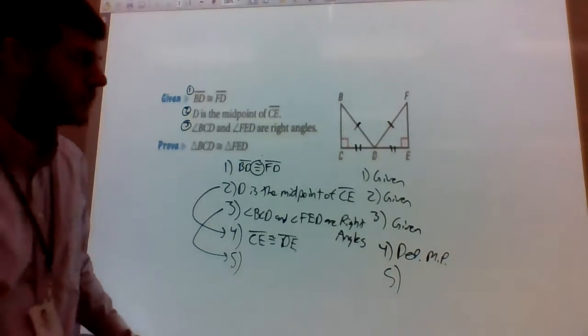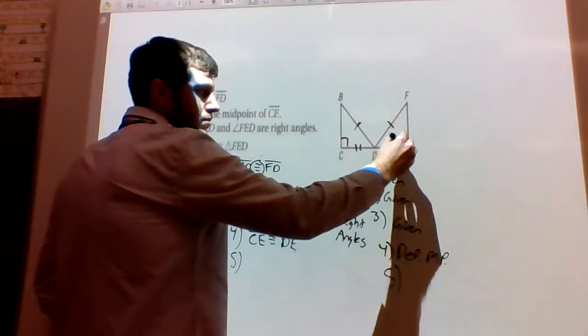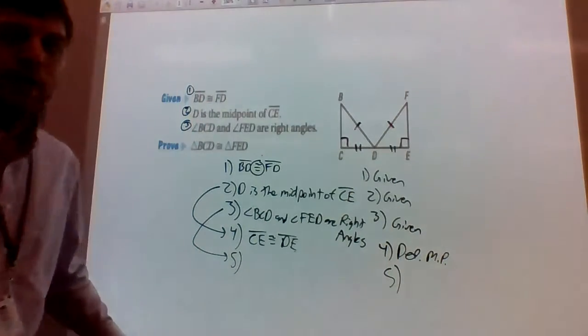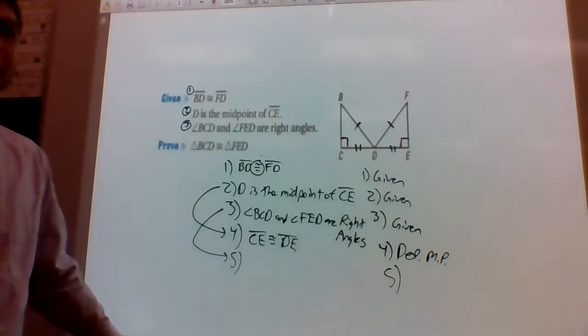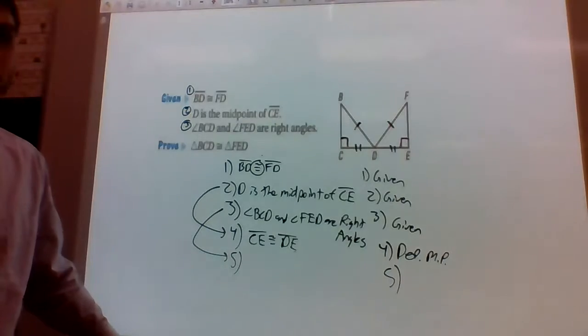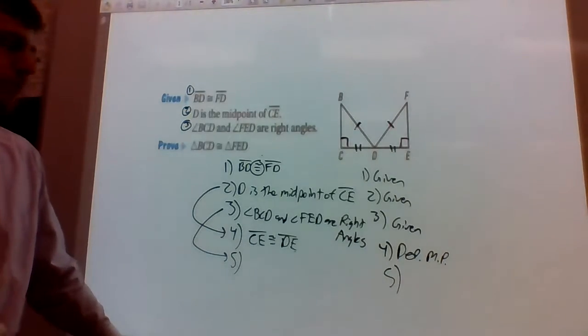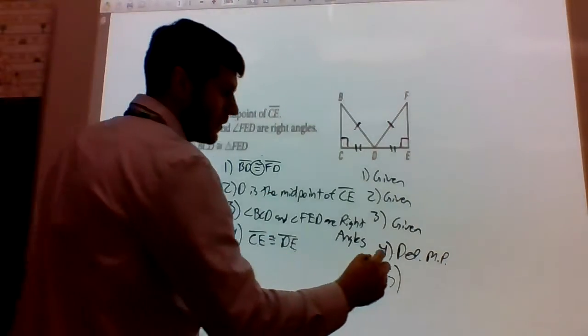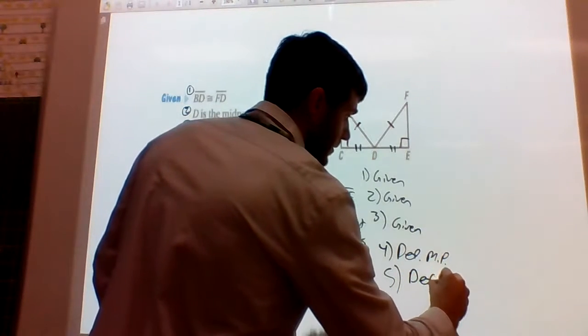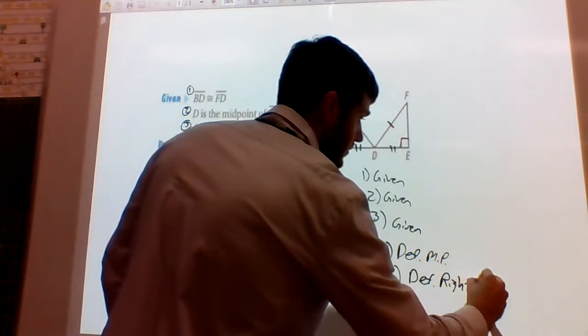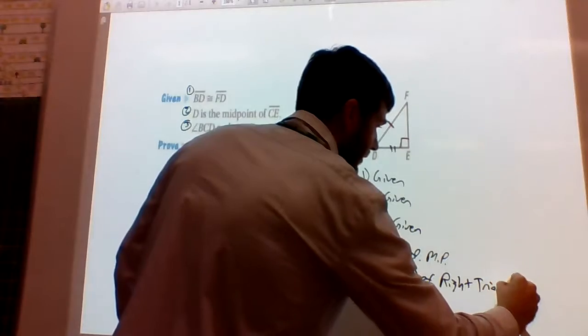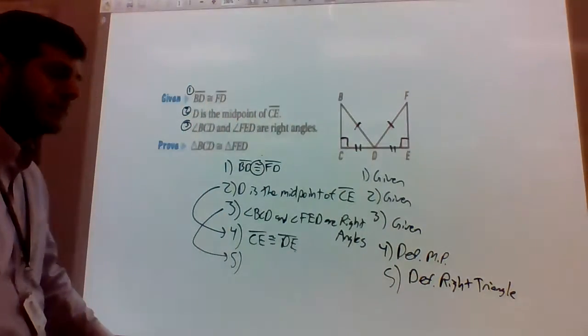That different approach is noticing that we have right angles. So we can try hypotenuse leg, because for hypotenuse leg, you have to have right triangles. In order to have right triangles, you need to have right angles. So just like in the last one, the definition of a right triangle says that a right triangle is a triangle that has a right angle.